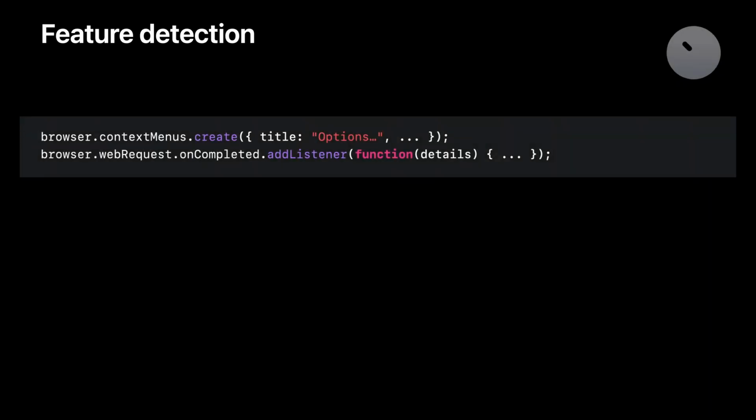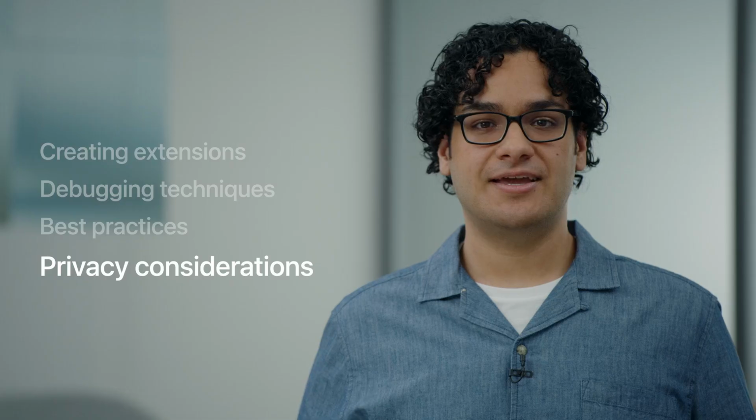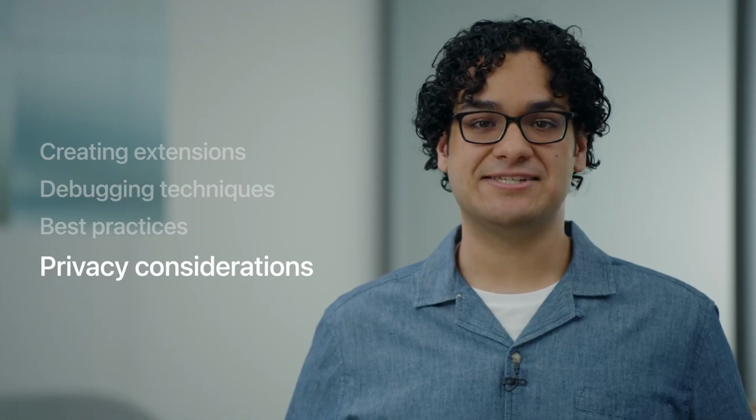So, instead of unconditionally calling these APIs, conditionalize that code based on the existence of those APIs, so you can cleanly exclude parts of your extension and make it more flexible when it comes to which browsers it supports. You should also use this pattern when adopting new APIs that are added in the future, as they might not immediately be available across all browsers or in previous versions of browsers that some users may still be using. And that wraps up the best practices.